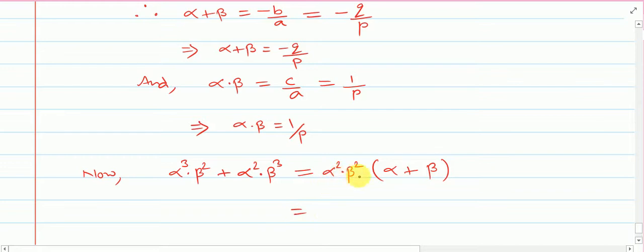Now α²β² can be written as (αβ)², into (α + β).